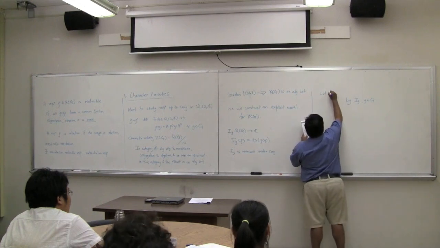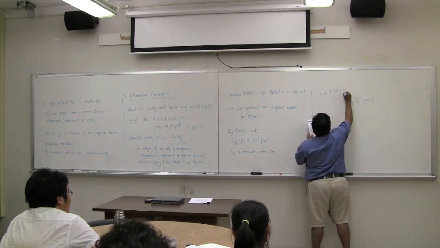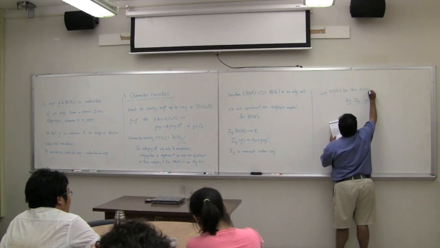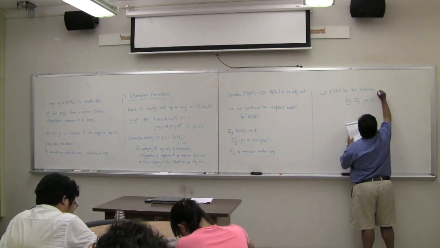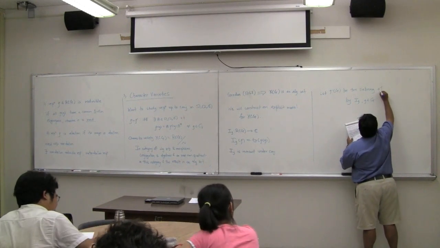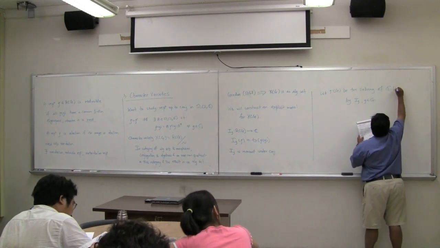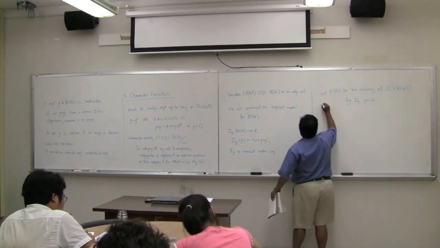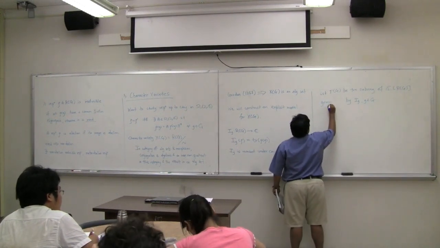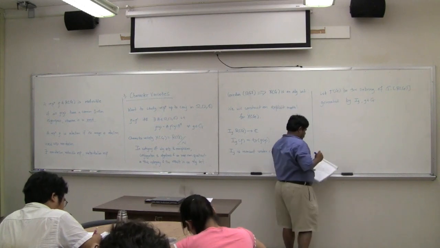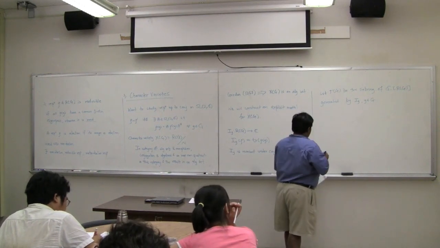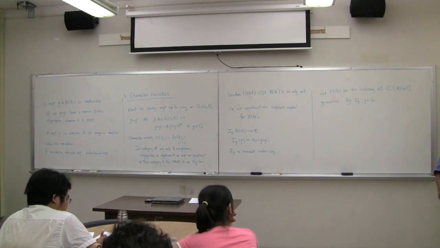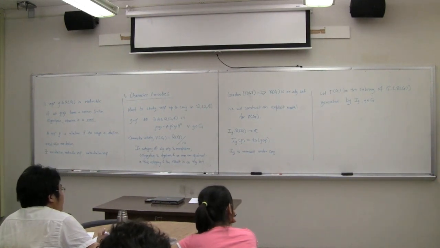Let me just rewrite. Let T of G be the subring of the coordinate ring of R of G generated by these functions. And we hope that T of G is the coordinate ring for the character variety.